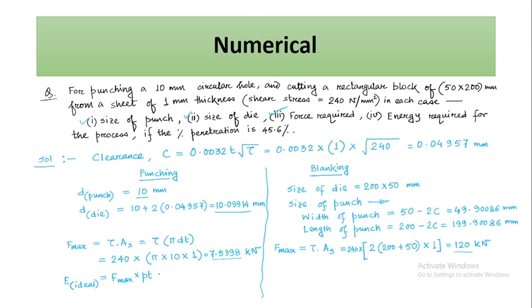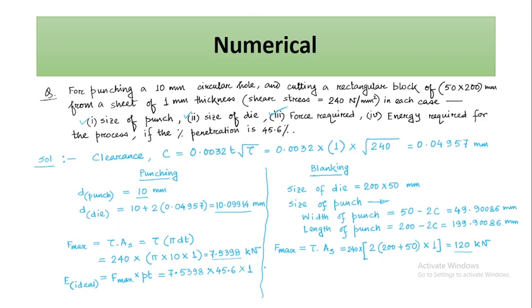So we can write it as F max, 7.5398 kilonewton, into 45.6 into the thickness, which is given as 1 mm.